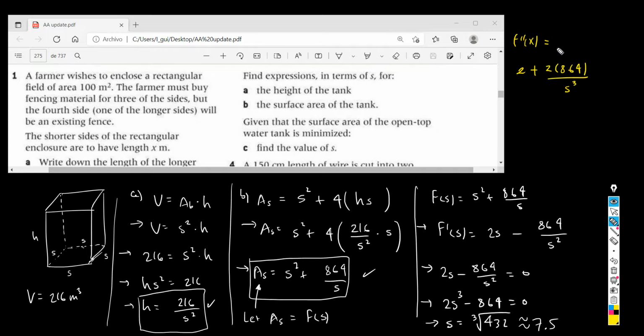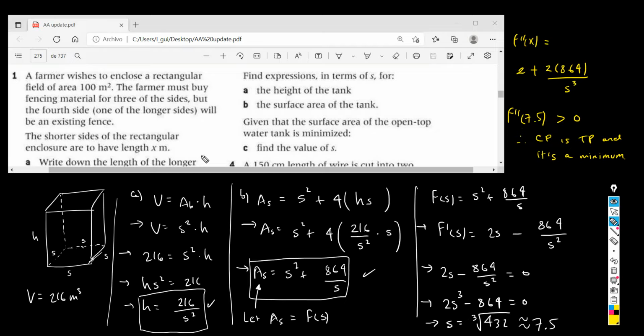We want to evaluate it at this value, close to 7.5, and you will get that the evaluation is clearly greater than 0. If that happens, then the critical point is a turning point, and it's a minimum. Okay, so that's it.